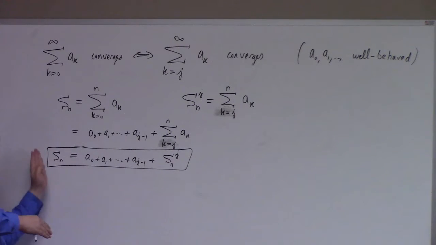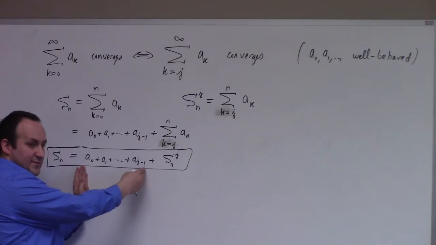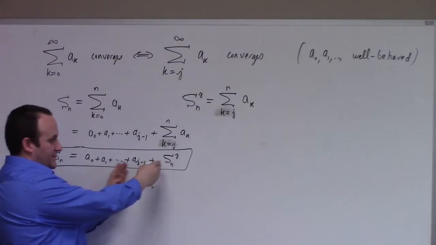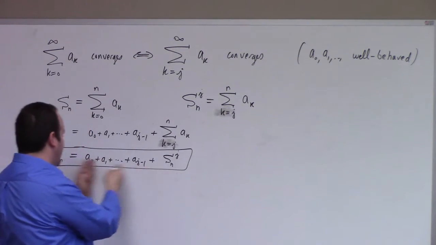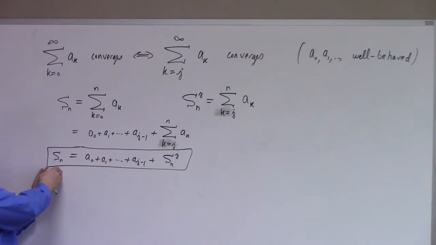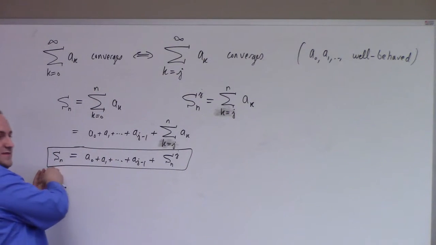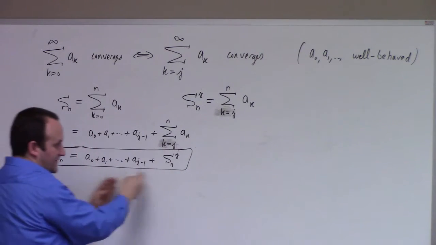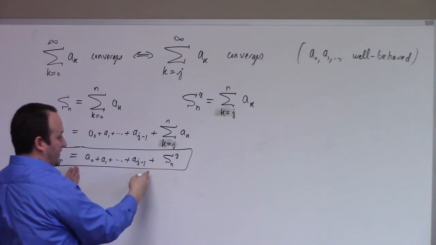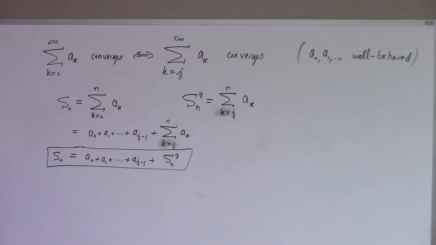If this converges, here you have a finite number, and this. Can this diverge? Absolutely not, because if this diverges, then that implies this diverges. So convergence of this implies convergence of that. Likewise, if this diverges, it forces that to diverge, because this is just a number. That's what he's trying to guide you through in parts A and B.